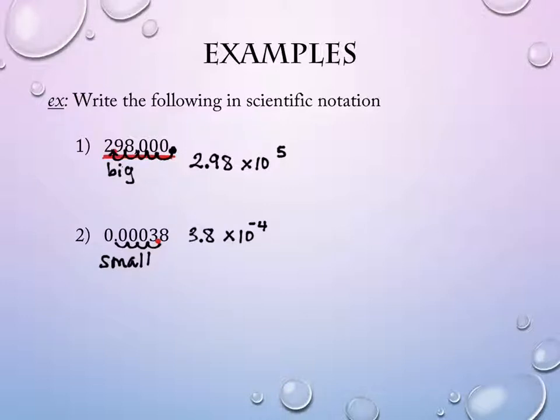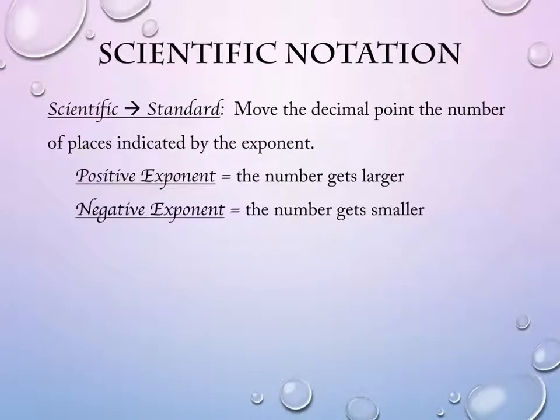Any questions on those two? Because we're about to flip the script. Go the other way. Okay, we're going to flip it. Now we're going to start in scientific notation and find the corresponding standard numeral. So when we do this, we are going to move the decimal point the number of places indicated by the exponent. So if the exponent says 5, the decimal moves 5.